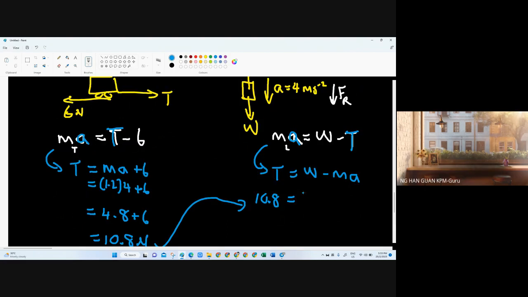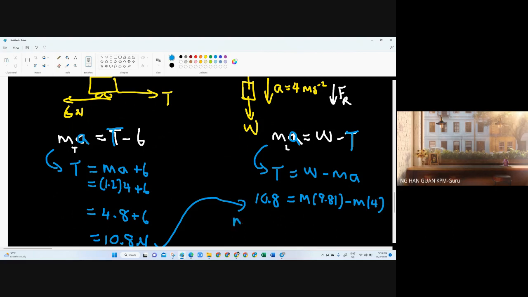So we have the mg. The mass of the root we don't know, but the g we know. g is 9.81. W equals mg, and minus m, we still don't know, A is 4.